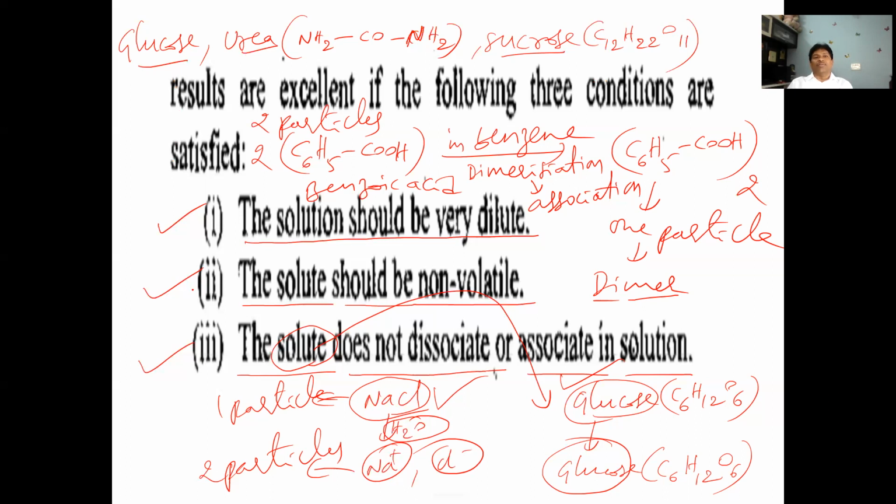That's why for these solutes the determination of gram molecular weight will be excellent, and we get accurate gram molecular weights. But in case of benzoic acid in benzene and NaCl in water, either association or dissociation is going on. That's why the results will not be accurate to determine the gram molecular weight. Is the point clear so far?